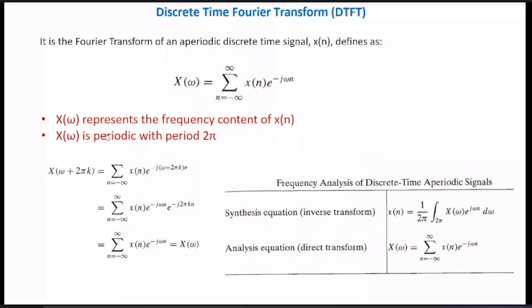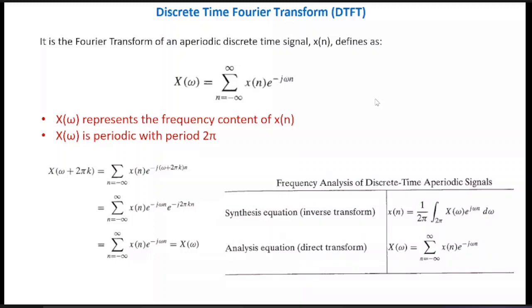In that case, the Fourier transform tells that X of omega is equal to summation n equal to minus infinity to infinity x of n e to the power minus j omega n. So x of n is your time domain signal, and omega is the frequency variable.